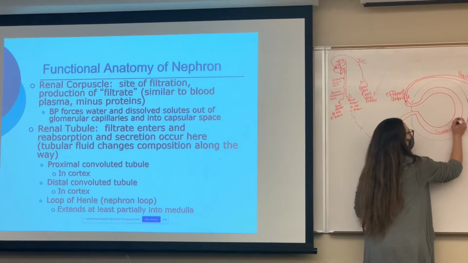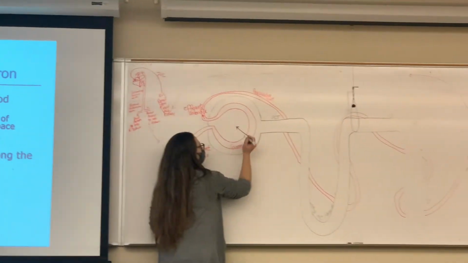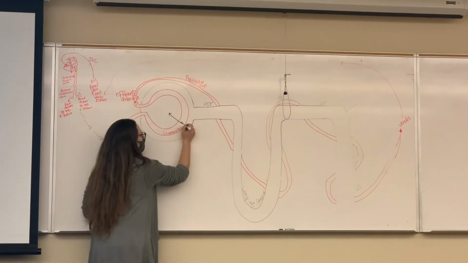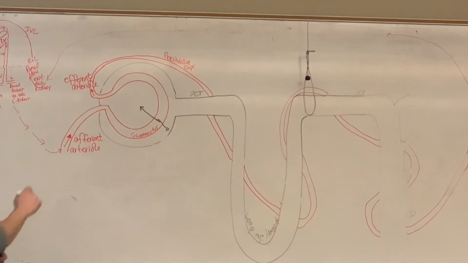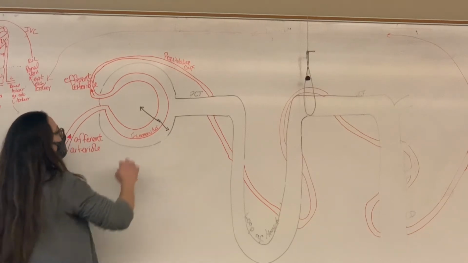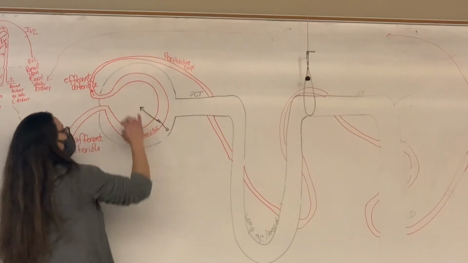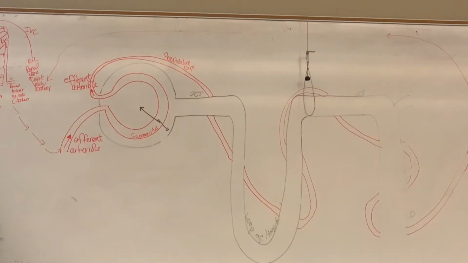Filtration is water and solutes getting forced out of the blood, in this case, out of the glomerulus, into Bowman's capsule. And this hollow space in here is called the capsular space. It's just the empty space in Bowman's capsule.